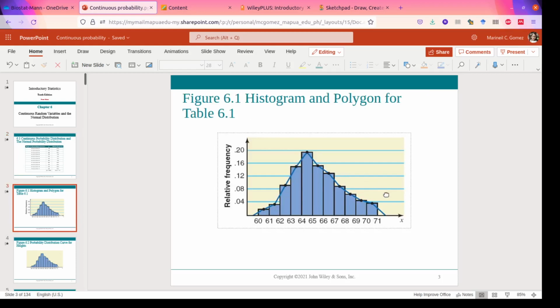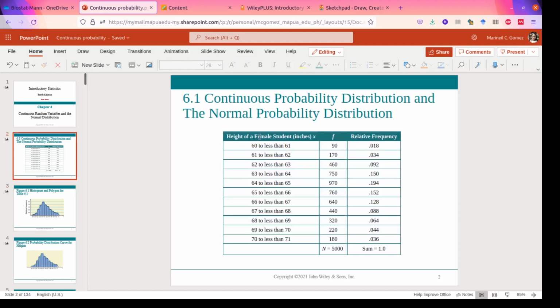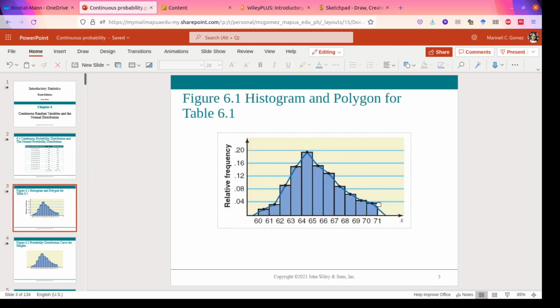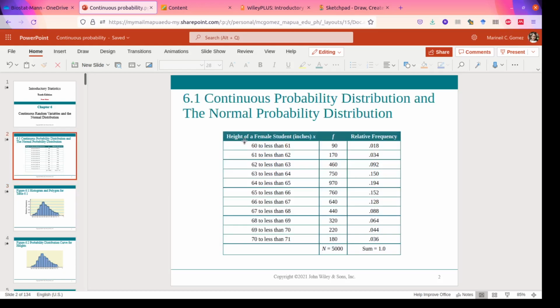The histogram presents a discrete random variable, because we categorize the values. If a value falls between 60 and 61, it becomes this category, with a relative frequency of 0.18.